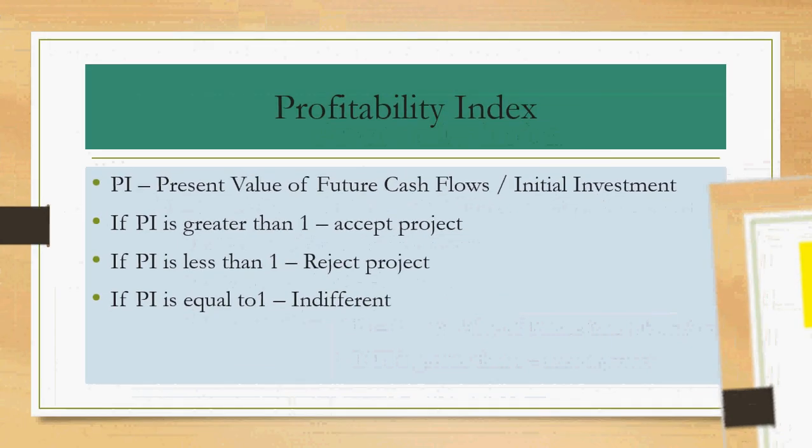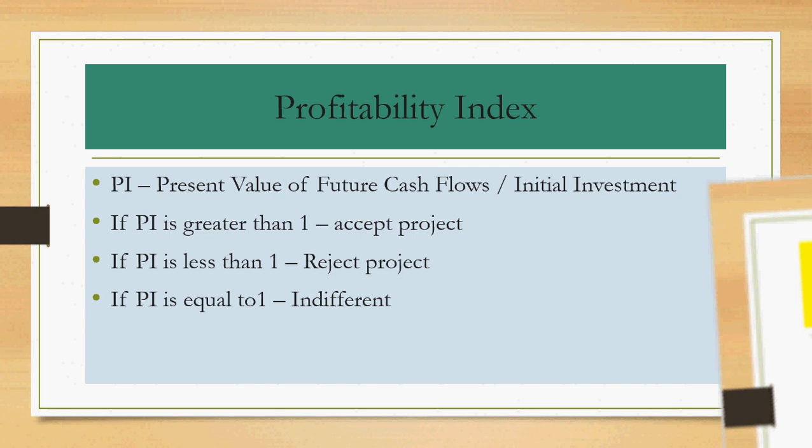Now let us see the last capital budgeting technique or method, that is profitability index. Profitability index is also known as profit investment ratio or value investment ratio. It is a financial tool which tells whether an investment should be accepted or rejected.